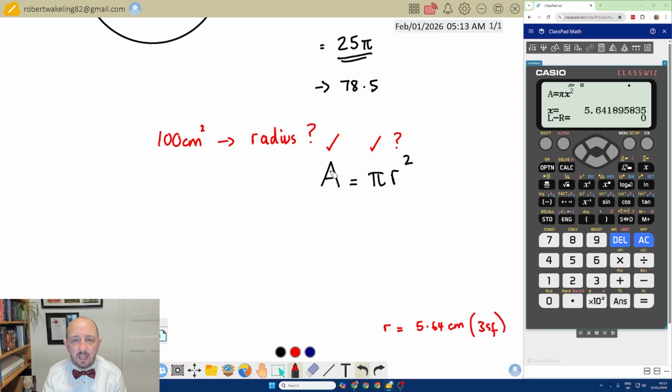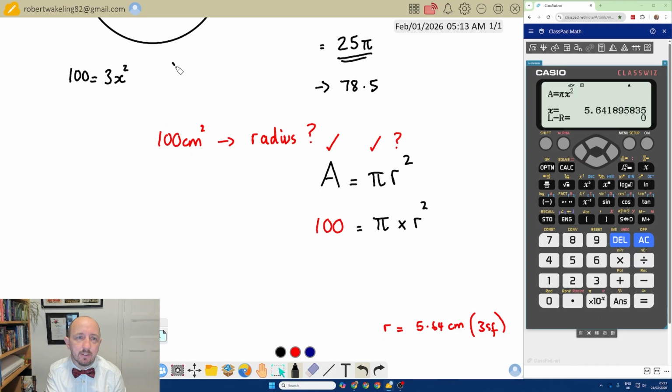So A, 100. We replace the A with 100. Pi, remember that's just about 3, and then times the radius squared. Because we don't know what the radius is, we have to leave that as r. Now, if this was 100, let's do this over here, 100 equals 3x squared, which is essentially roughly what this is, then we would reverse BIDMAS.